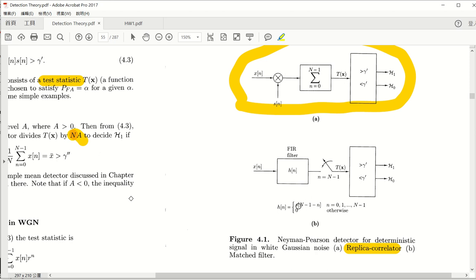Then h of n needs to be s of capital N minus 1 minus small n. If you put the impulse response like this, then when x of n comes in, you sample it at time equal to N minus 1.